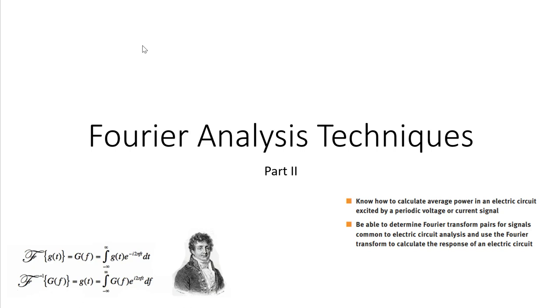Composite signal means that they were the combination of different frequency components, and later on we discretized those components and found the magnitude and phase of each component. So that was Fourier series analysis.